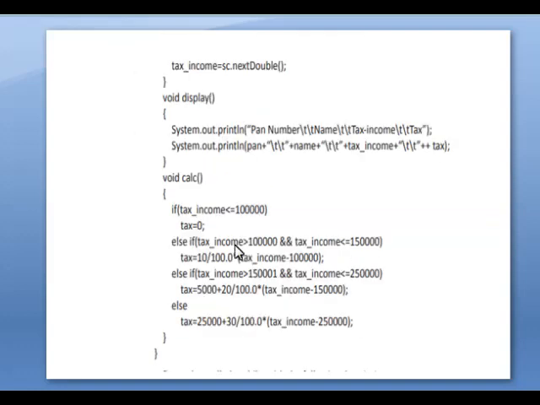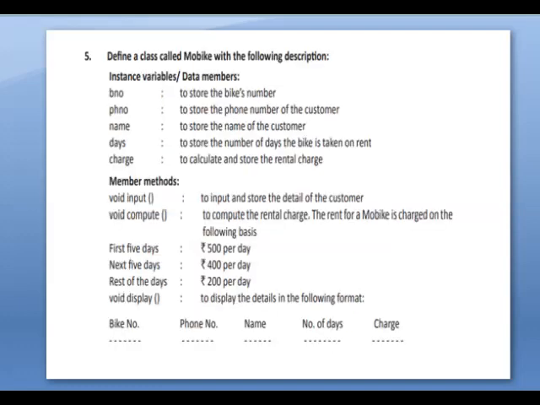So here I have written all the functions, and the conditions also we checked here, and we find the tax also. Okay, now we are going to see program number 5. Here also the class name is mobile, and instance variables.